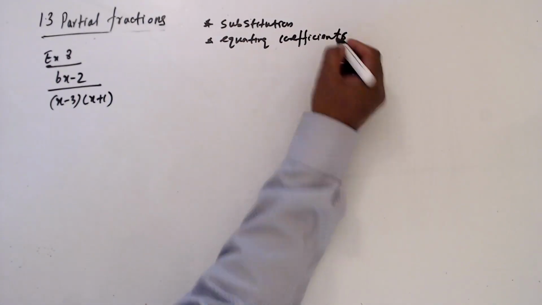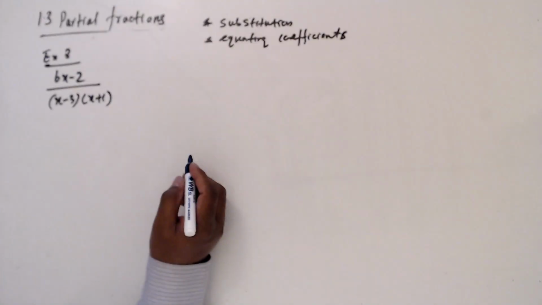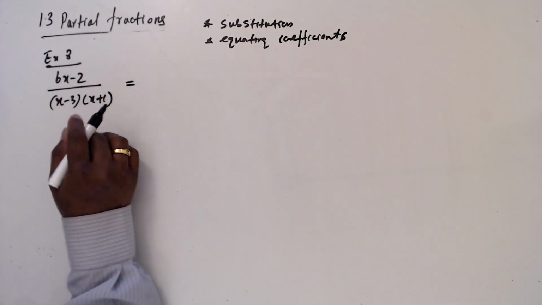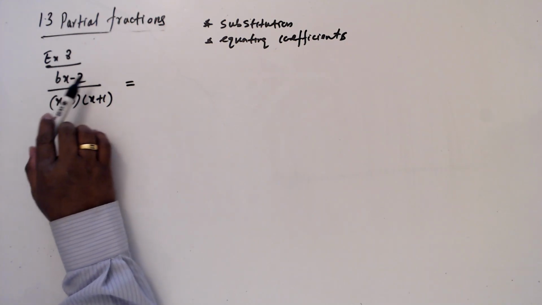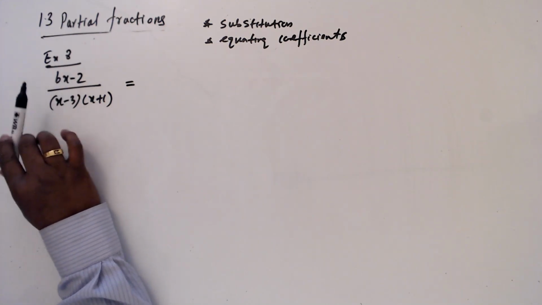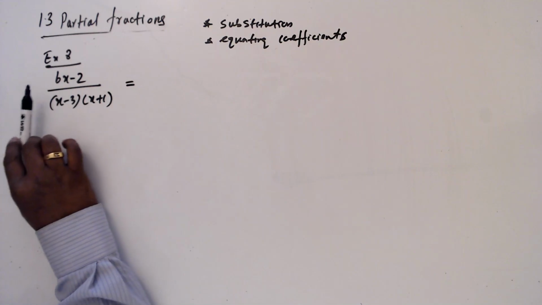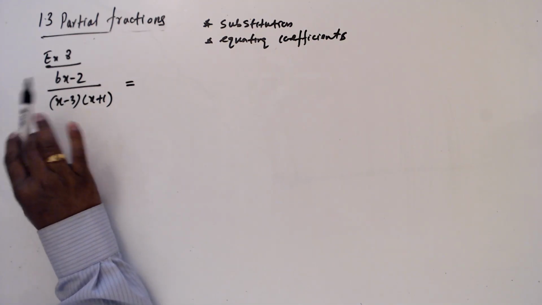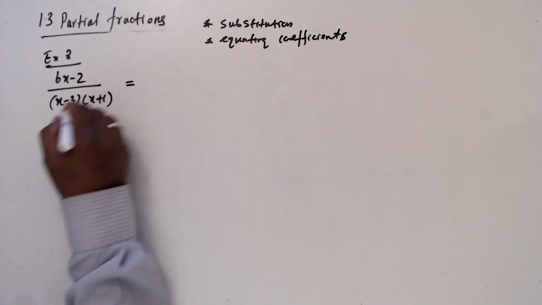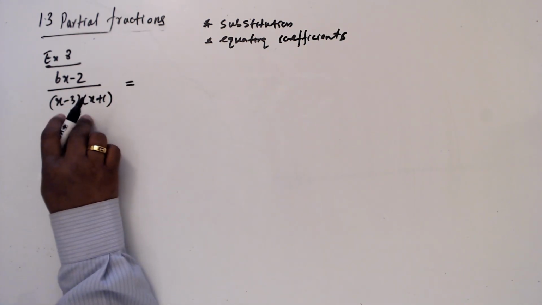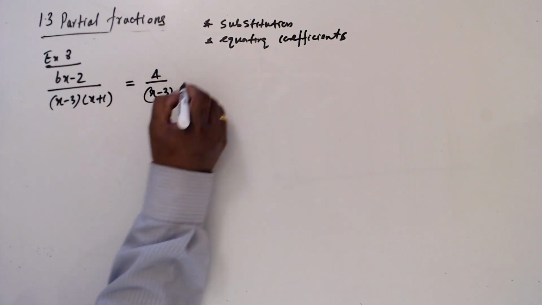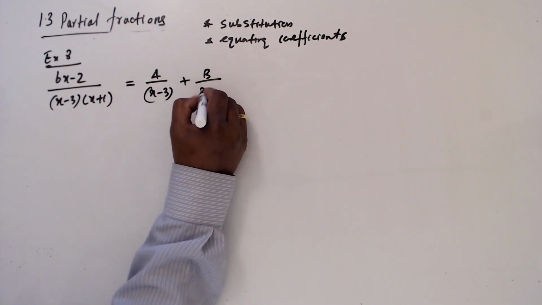We'll work with both ways. Now you know what to do first. You see that the highest power in the numerator is 1 and in the denominator is 2, so this is a proper fraction and there is no issue. It has linear factors, so as usual we write A over x minus 3 plus B over x plus 1.